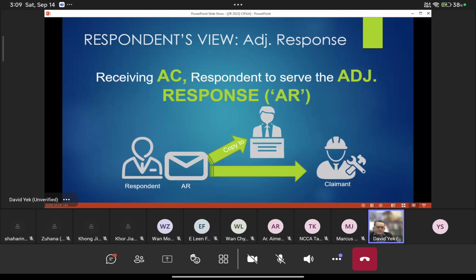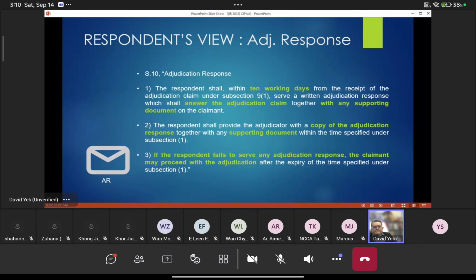The respondent will serve the adjudication response to the claimant and then copy to the adjudicator, not the other way around. In the adjudication response, the respondent has 10 working days after they receive the adjudication claim to submit this adjudication response together with all the documents.